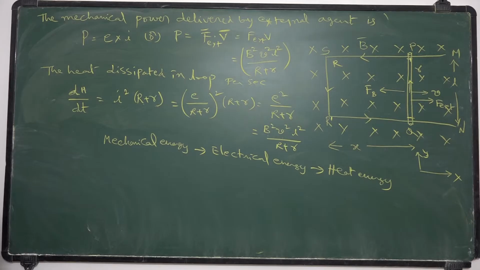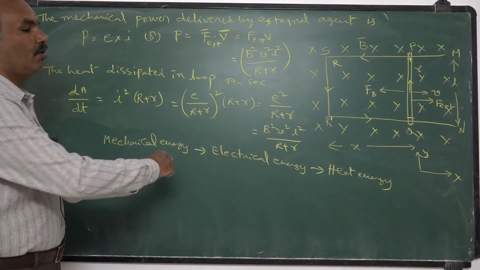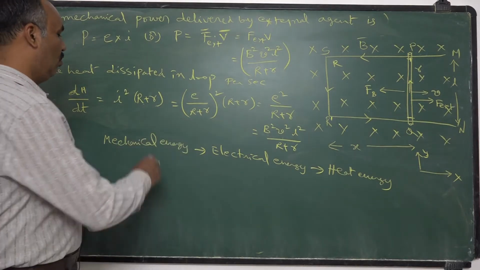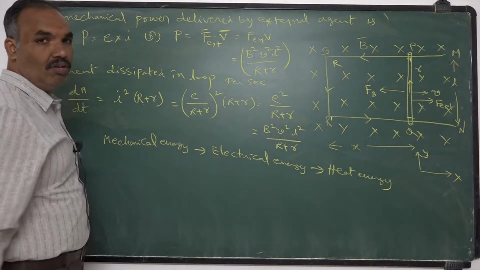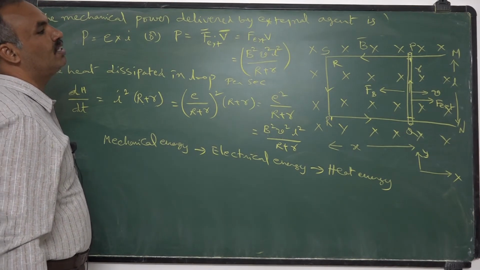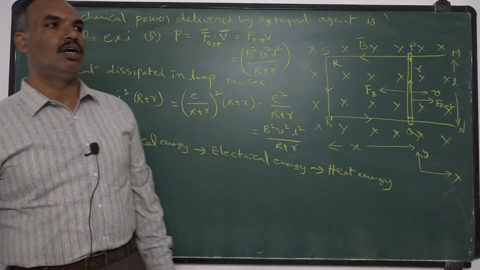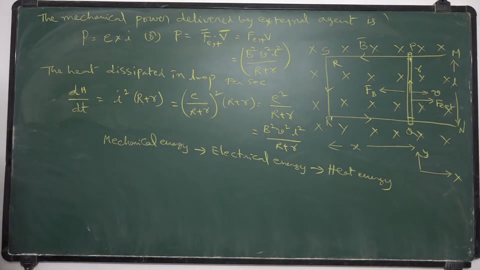So by observing all the equations, the conclusion is one form of energy is converted to another form of energy. Energy conservation principle is explained in this case. This is called conservation of energy, a quantitative study.